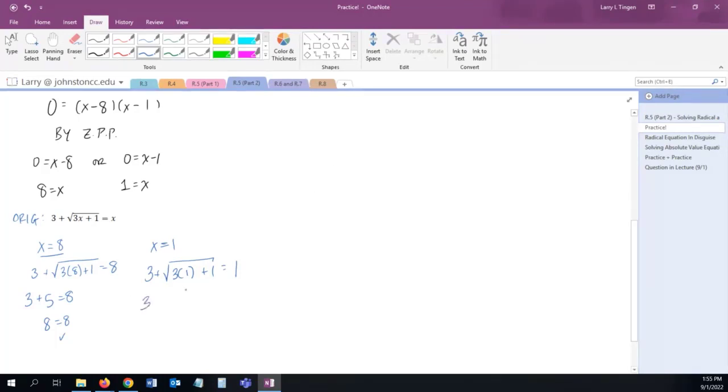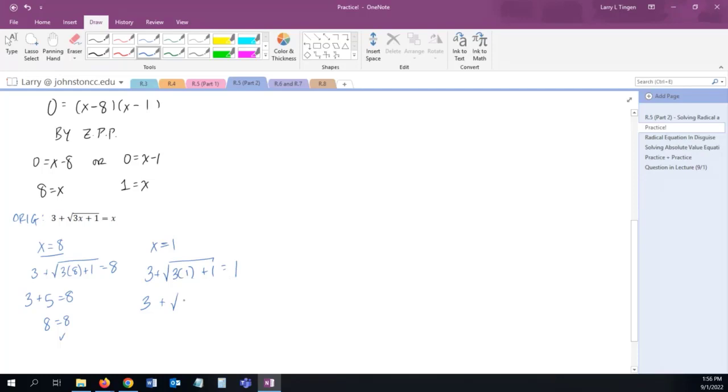So when I check 8, it works. When I check 1, you already know right here, 1's not going to work because look at what I'm doing. This is 3 plus the square root of something. The square root always returns non-negative numbers. So I know this is going to be 3 plus something greater than 0 equals 1. The only way to get 3 plus something to be 1 is if you're adding a negative number.